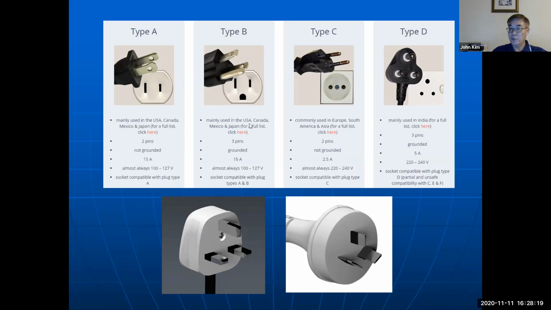If we bring a 110 device and plug it into 220, it will burn. But now, like a cell phone adapter or charger, it's universal, from 100 to 240. Our cell phone charger looks like this. When we go abroad we need an adapter.